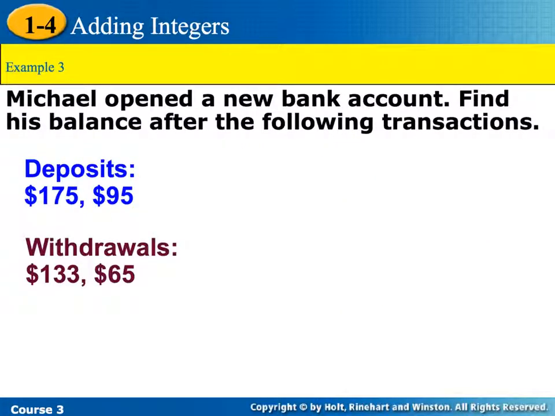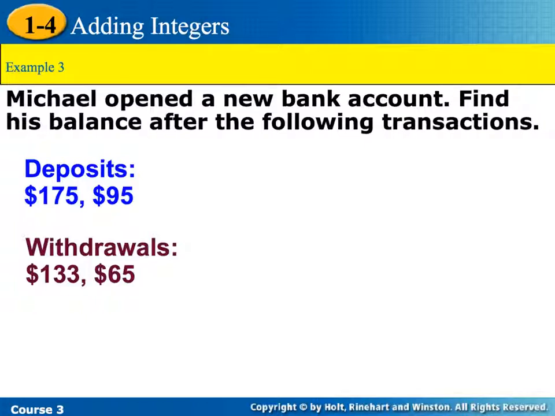Last problem. It says, Michael opened a new bank account. Good job, Michael. Find his balance after the following transactions. We have deposits are 175 and 95, and withdrawals are 133 and 65. If you're not quite familiar with bank accounts, deposits are when you put money into the bank, so your bank account goes up.